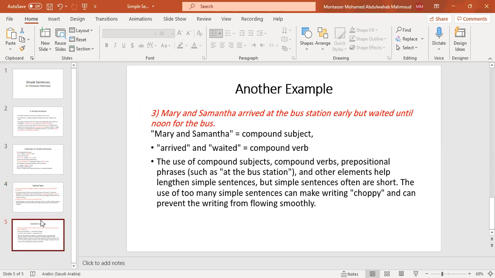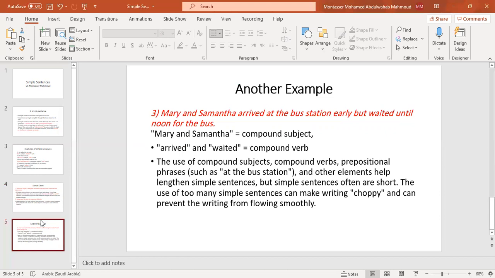Mary and Samantha, compound subject. Arrived and waited, compound verb. The use of compound subjects, compound verbs, prepositional phrases, like here in this example, at the bus station, and other elements help lengthen simple sentences.